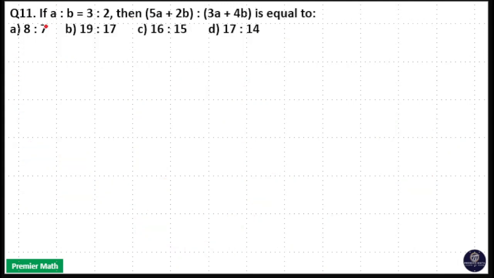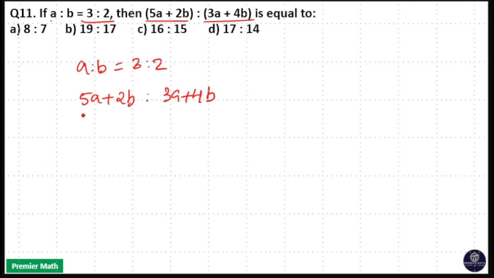Next is question number 11. If A is to B is equal to 3 is to 2, then 5A plus 2B is to 3A plus 4B is equal to. Put the value of A and B as 3 and 2 here.